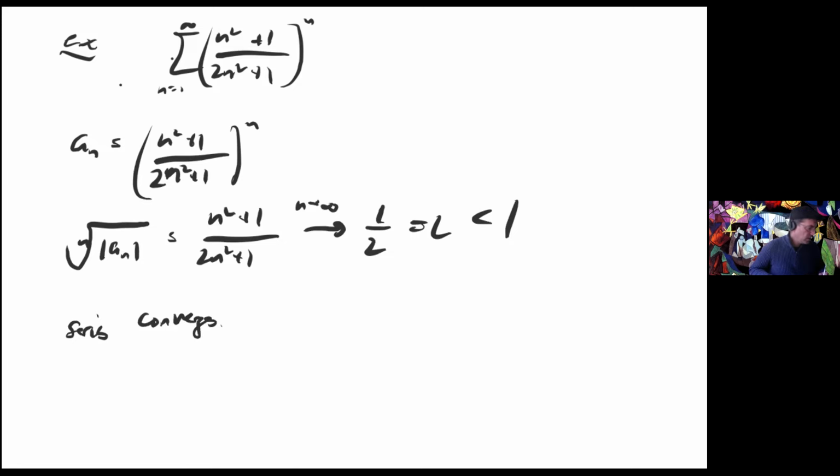Okay, let's try another one. Let's try the sum of (n over ln of n) to the nth power. Now we have to start here with n at least 2, because if n is 1, you get a vanishing denominator in the ln. Okay, so how do we do this?